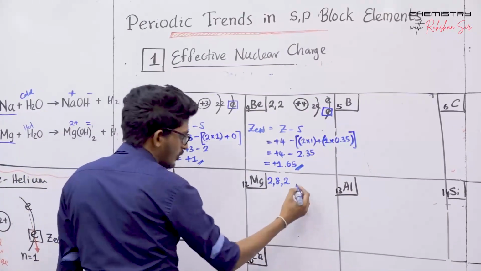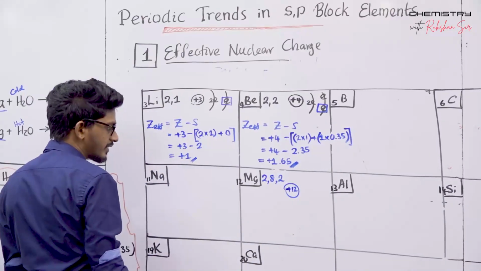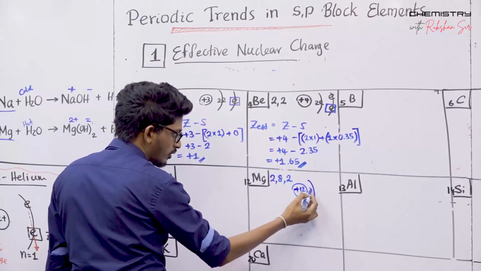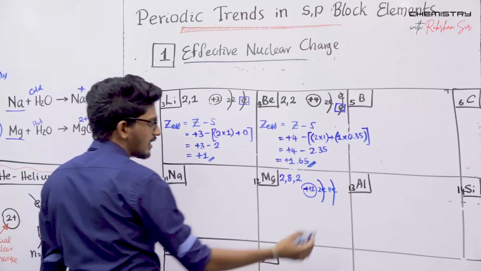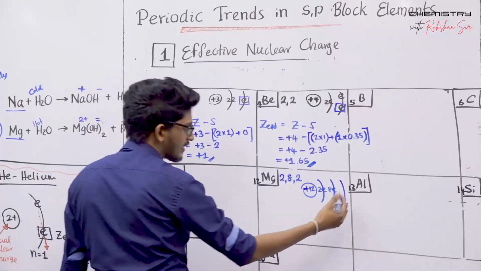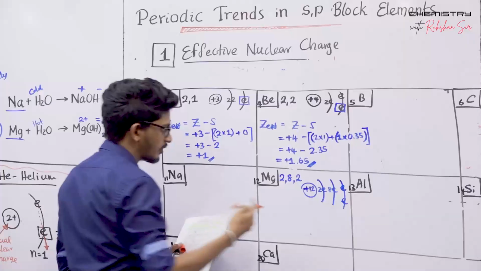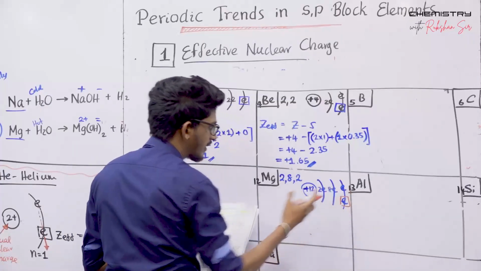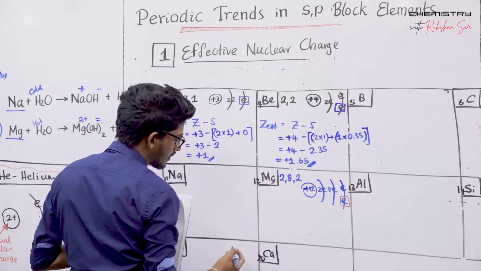That means you have 12 protons at your nucleus, then 2 electrons in the first shell, 8 electrons in the second shell, and in the third shell this is your considered electron. Other than that, 1 electron is appearing. So calculate the effective charge.